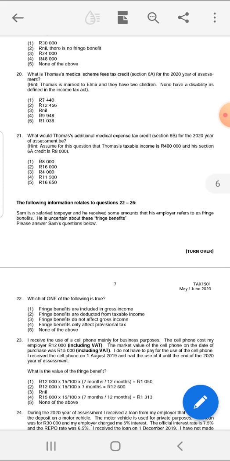For the year of assessment, hint, Thomas is married to Elma. There was no need for them to tell you this information because they've already told you up there. But since some people will forget, it is important for them to remind you again that Thomas is married to Elma, meaning two individuals. Then they have two children, two additional members. So we're going to say 620 plus 209 plus 209.